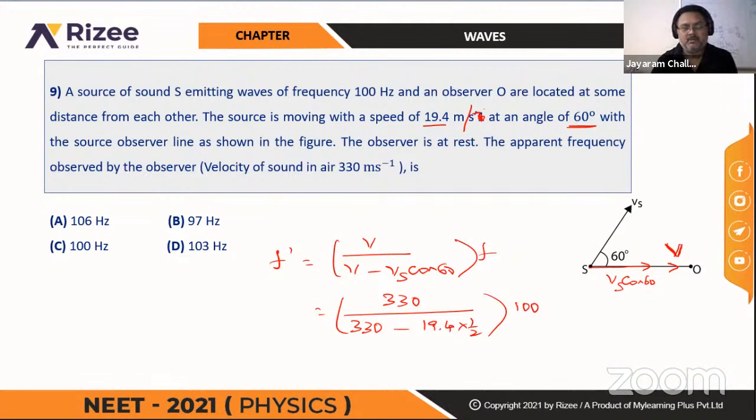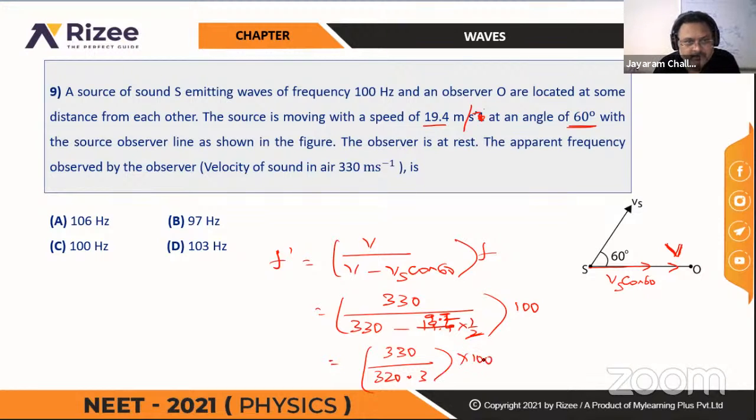Next, what is the relation that we can write down here? If I divide this, this will come out to be somewhere around 9.7. So this will be 330 by 320.3 into 100.